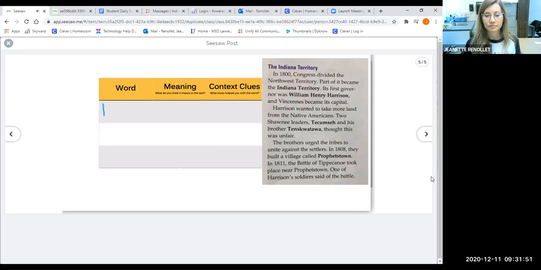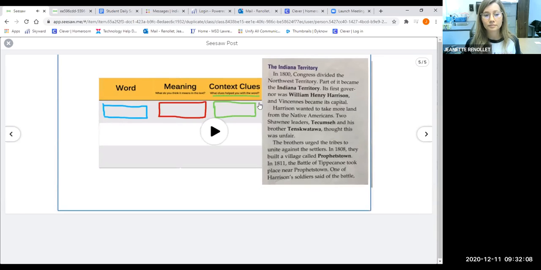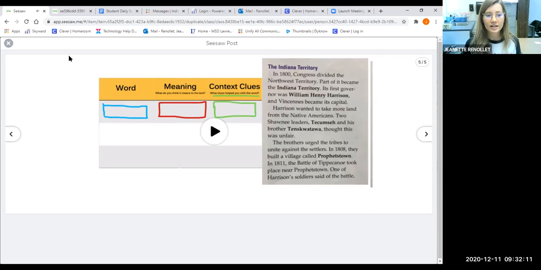You will be given a word from our text today. You need to determine the meaning and type the meaning, and then explain what clues helped you determine the meaning of the word. Awesome. All right, let's talk about what that looks like.